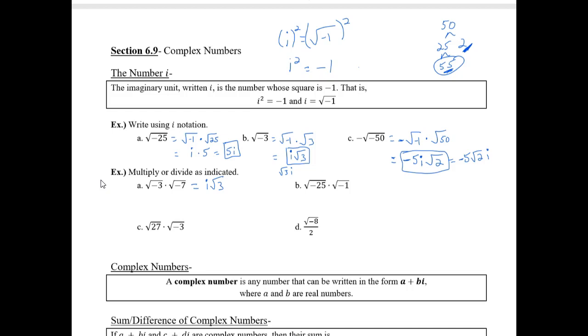Take out the -1, times i square root of 7. And since this is all multiplication, this is really saying i times the square root of 3 times i times the square root of 7. And multiplication is commutative, so I can rewrite this in any order I want. I'm going to do i times i and get i squared.